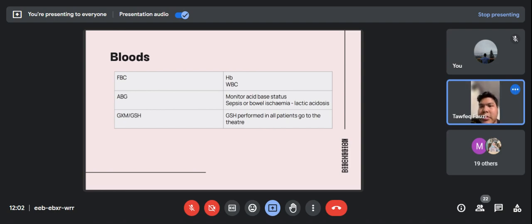Of course, in cases where the patient may need to go into surgery, then we perform a group cross match or group screen hold, depending on the urgency.